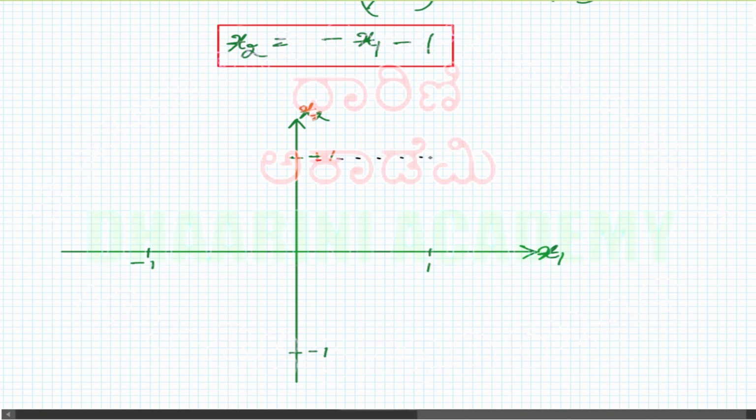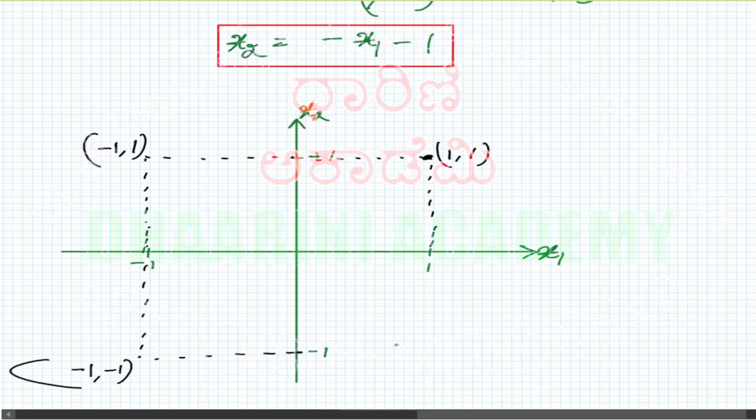This will be the first point, 1 comma 1. Similarly, this point is minus 1 comma 1, and the third point is minus 1 comma minus 1. And the next coordinate is 1 comma minus 1, right?